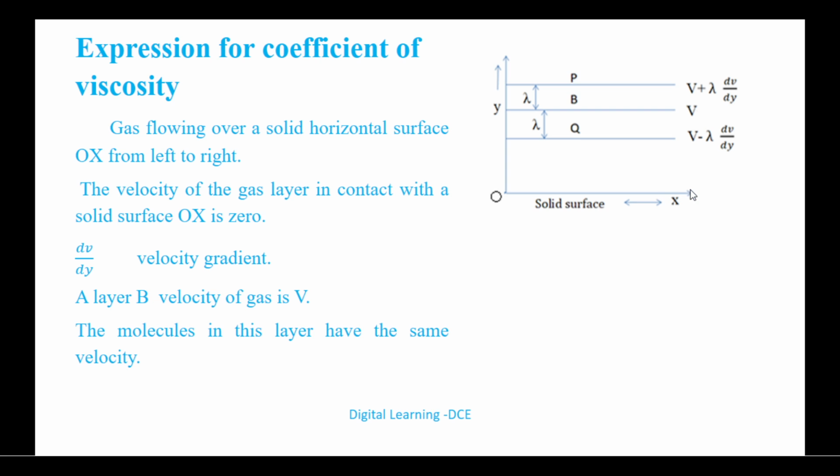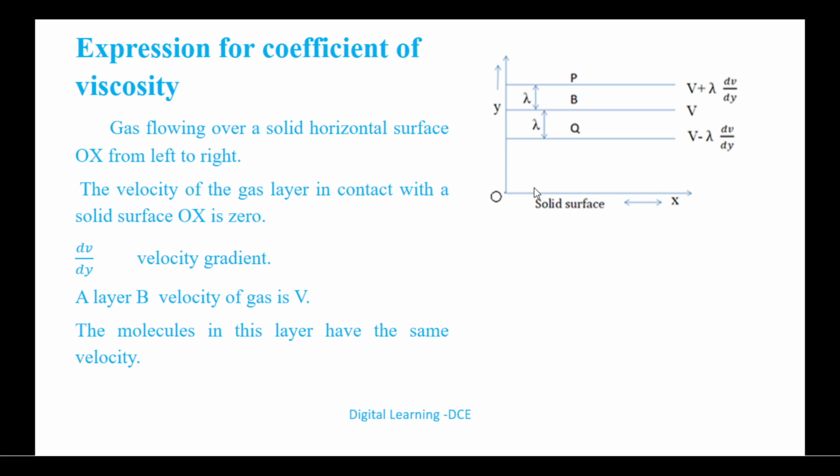Let us also assume that the gas is made up of a large number of closely spaced layers, and the velocity of the gas molecules in the layer which is in contact with the solid surface is 0.